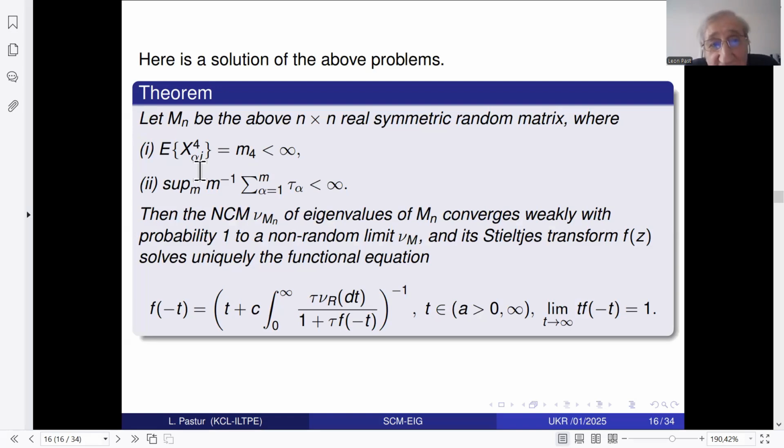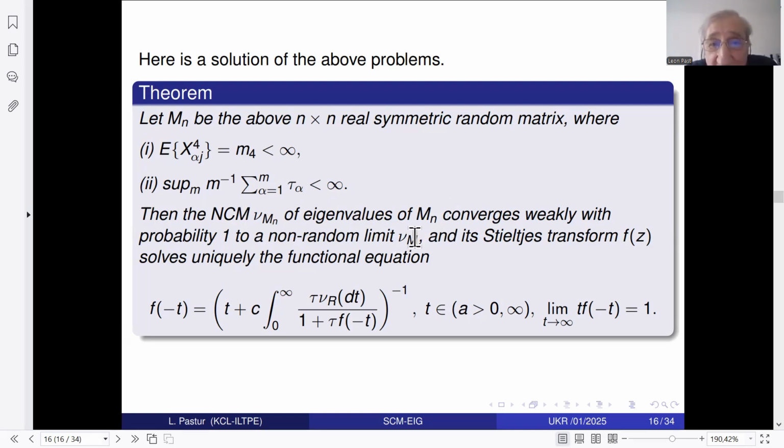You can remove this condition. And second, also technical, to make the proof simpler, I assume that these numbers tau alpha, which are in fact eigenvalues of this central matrix R, have an arithmetic mean bounded uniformly in m. Under this condition, the claim is that I can prove both statements. I can prove that nu mn converges to a certain limit with probability 1.